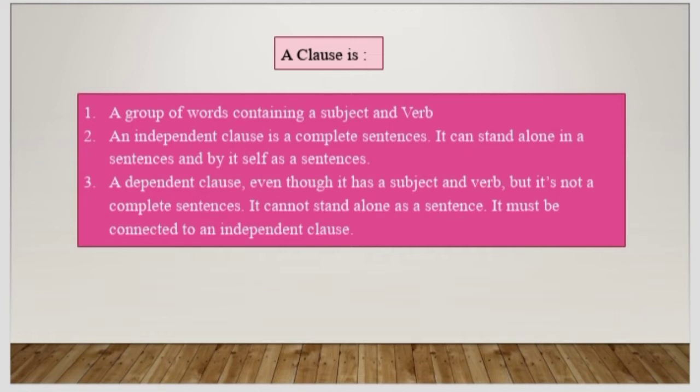It can stand alone in a sentence and by itself as a sentence. And a dependent clause, even though it has a subject and verb, is not a complete sentence. It cannot stand alone as a sentence. It must be connected to an independent clause.